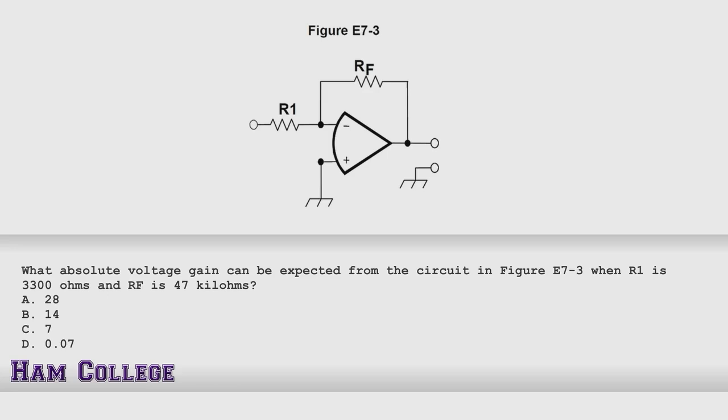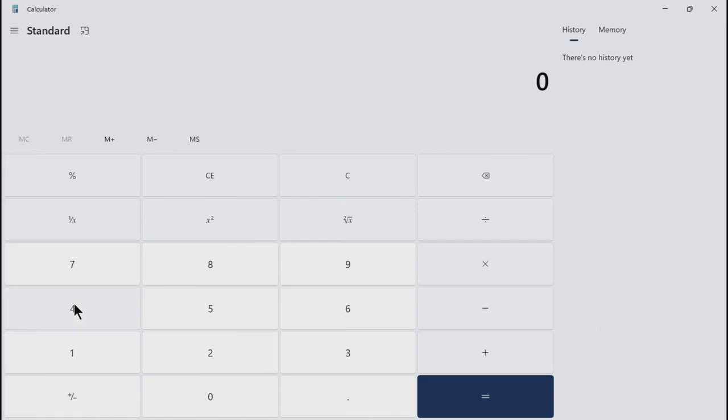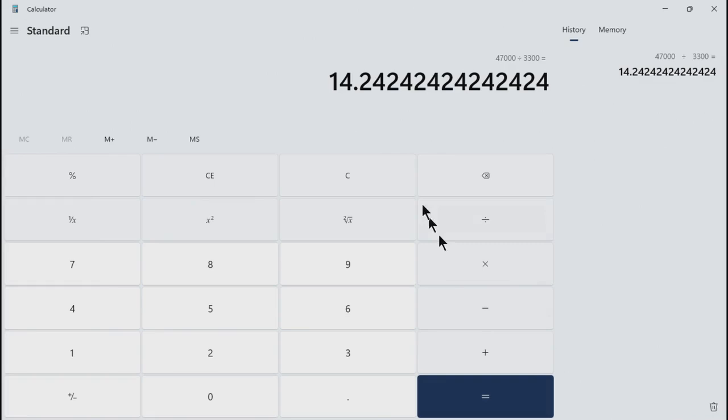All right, I'm going to just grab a nearby calculator here. RF is 47,000 divided by the R input, or R1, 3300. 14.24. It's B.